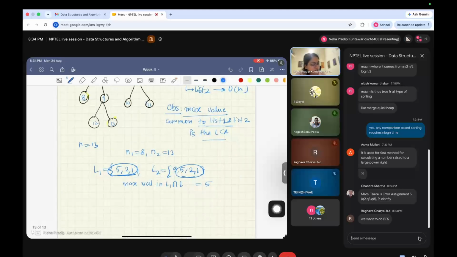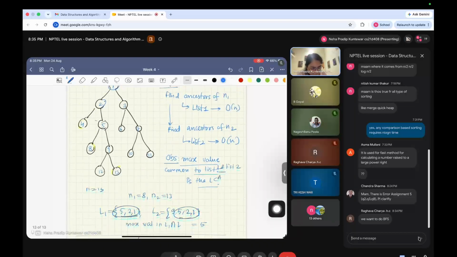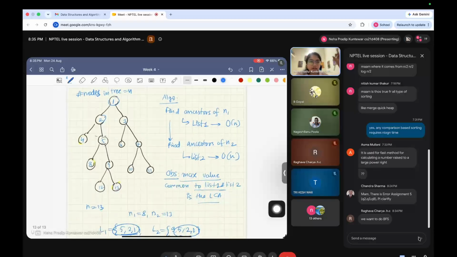So this algorithm with BFS or DFS will take time as order n and space as order n. Okay, so again, you know the question, we want to do better.